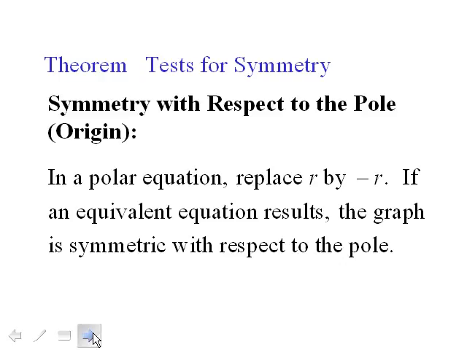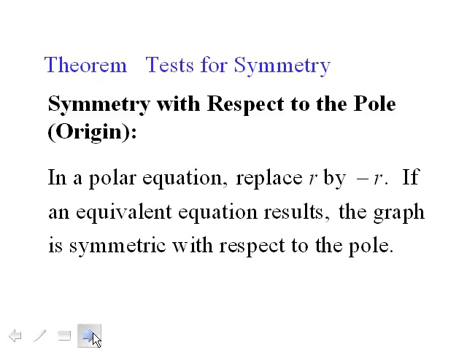So these versions of symmetry are analogs of what happens for Cartesian equations, and they're useful in the same way. You can check and save yourself some time, or double check to make sure that you are plotting appropriate points when you use these tests for symmetry for polar equations.